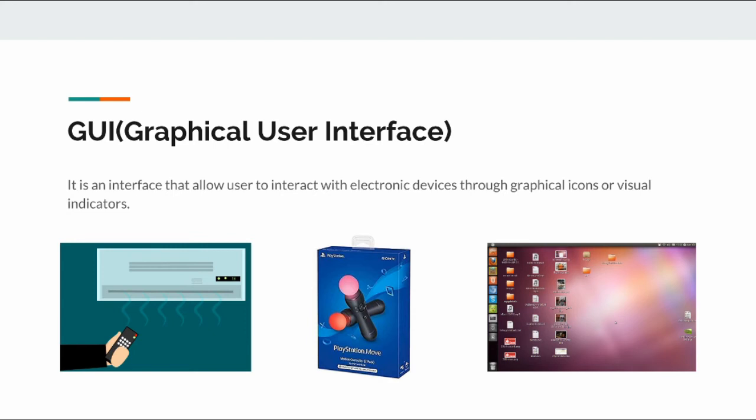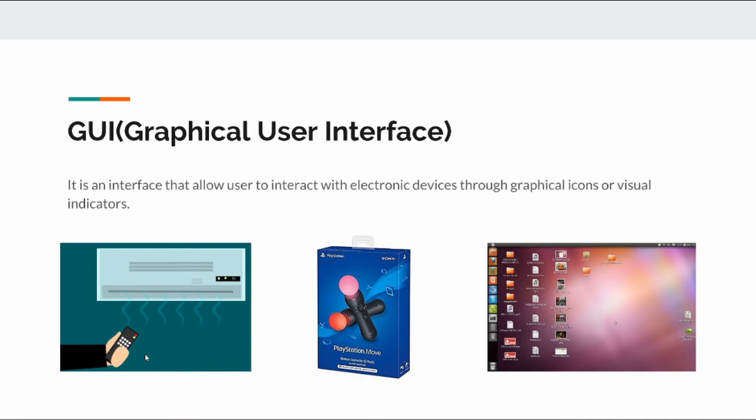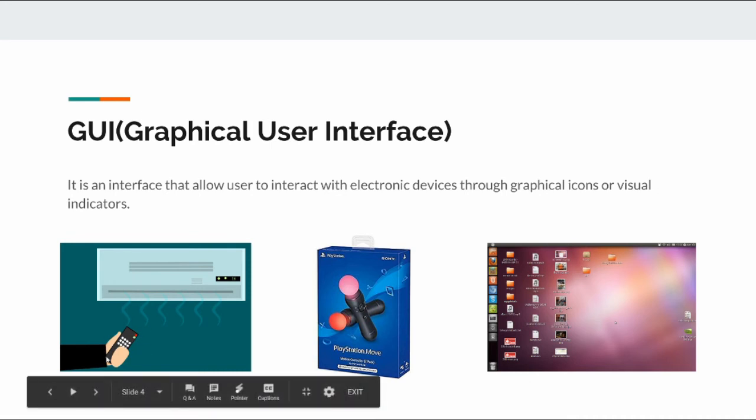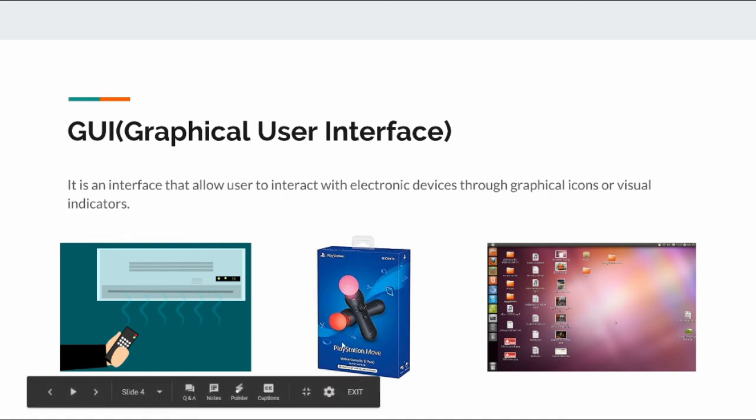GUI can also be taken as visual indicators. For example, take an AC. When we switch on this AC, the remote contains an indicator, which is also a GUI example. And we can take the example of a PlayStation that is connected to your TV.